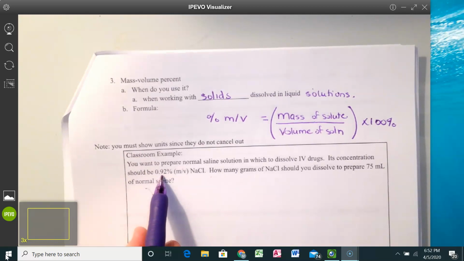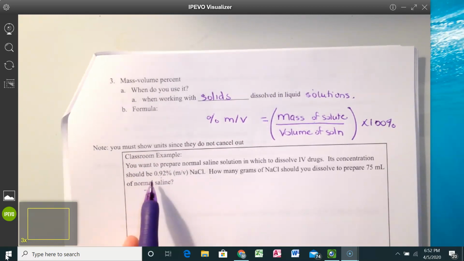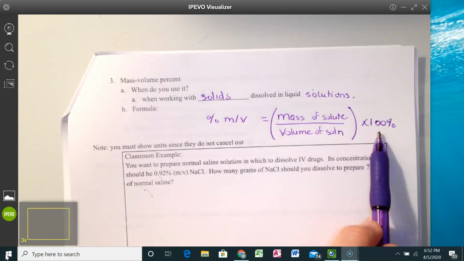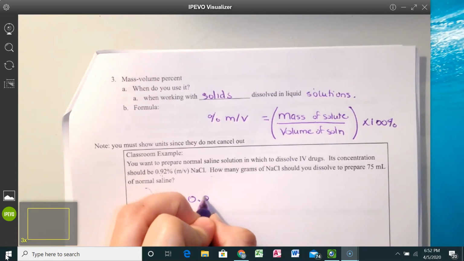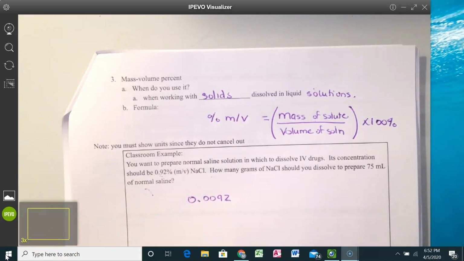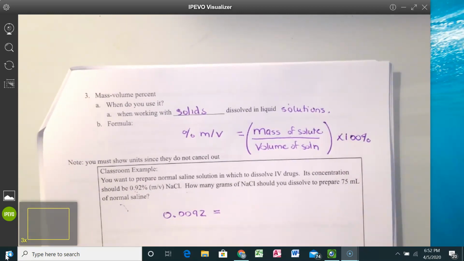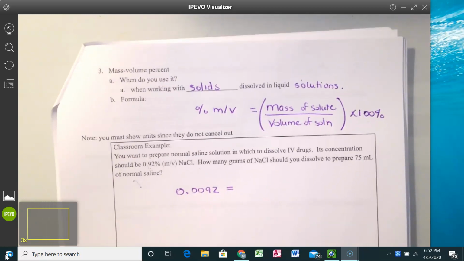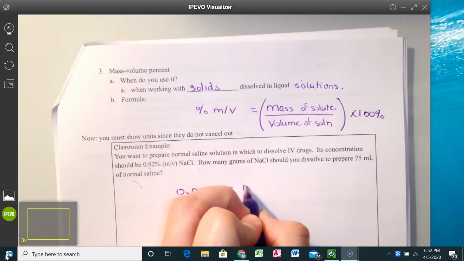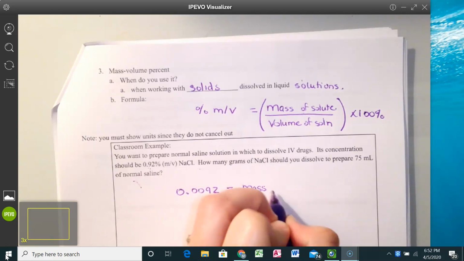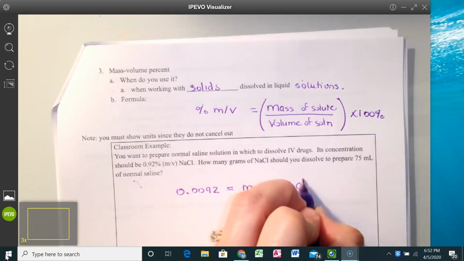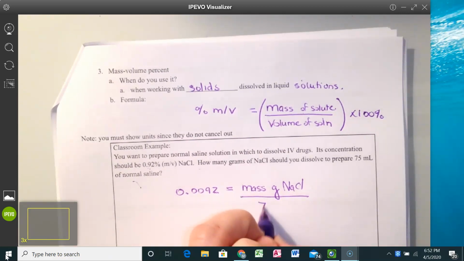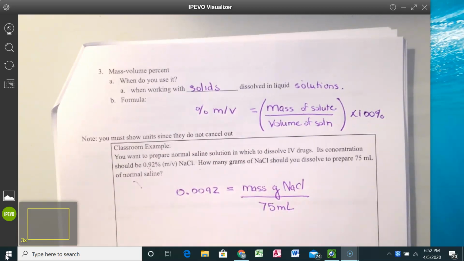They gave me the concentration. Now, I could do this 0.92 and divide it by 100%, but I can really just do that in my head to eliminate one extra step, and we know that that becomes 0.0092, and that makes me not have to deal with this silly little 100 over here. Okay, I just did that in my head. So that's going to be equal to the mass, and in this case, it'll be in grams, of my sodium chloride divided by 75 mils of my solution.